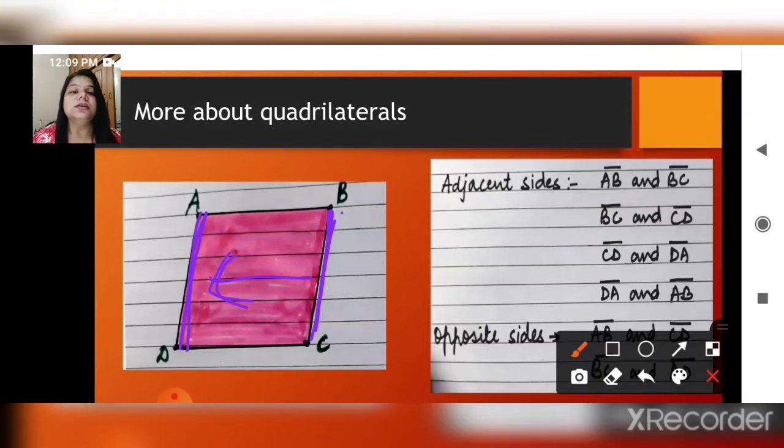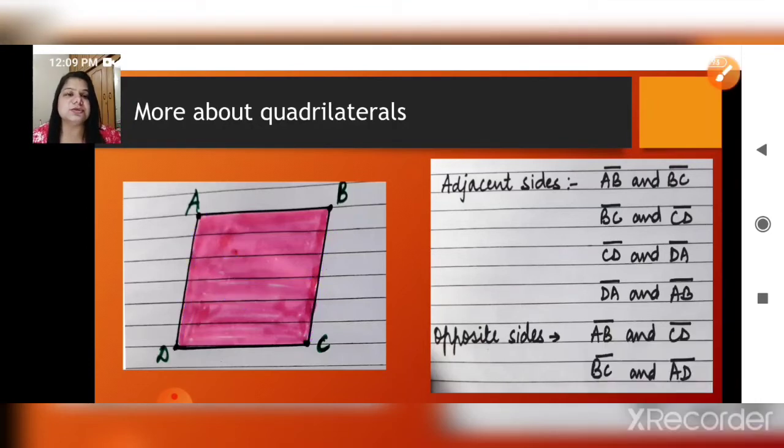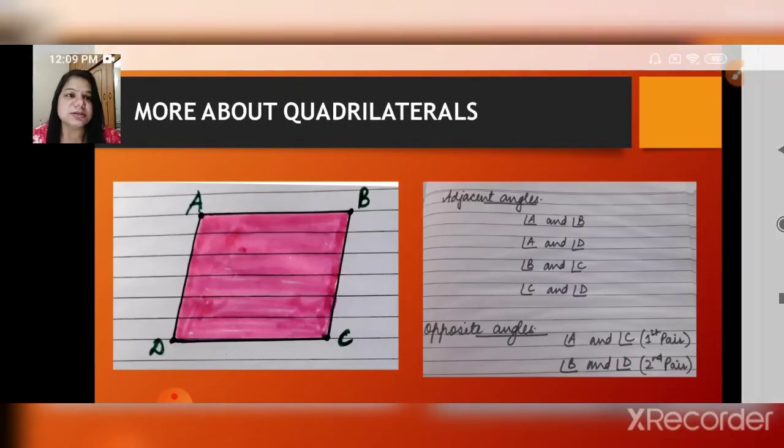Make sure that there is nothing common in between. In adjacent sides there should be one vertex common, but in opposite sides there should be no common point. So AD is opposite to BC, or vice versa. So this was about the adjacent sides and opposite sides.